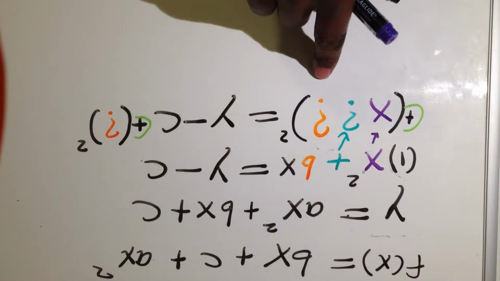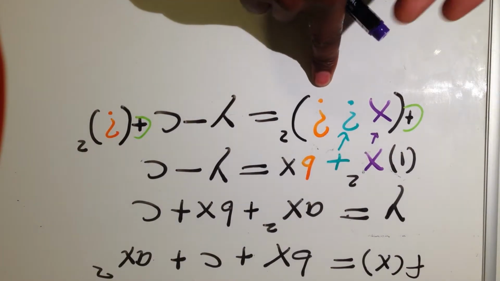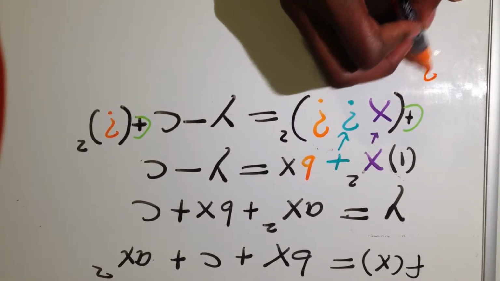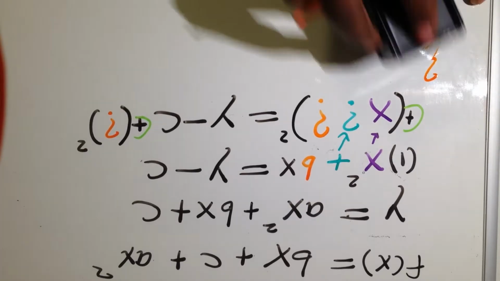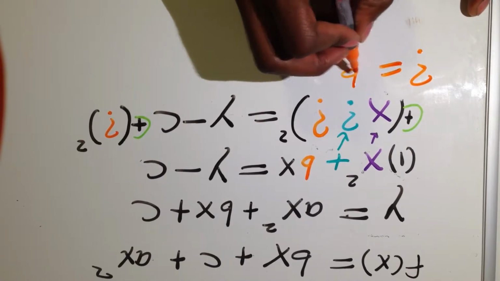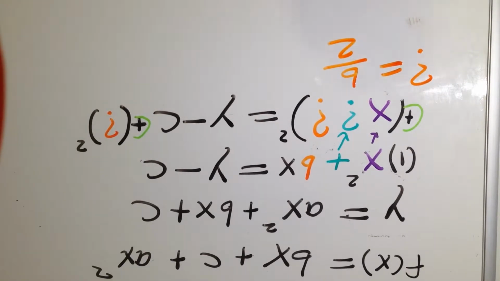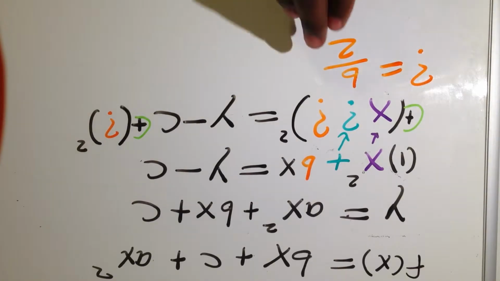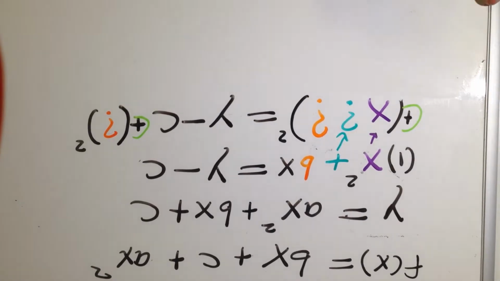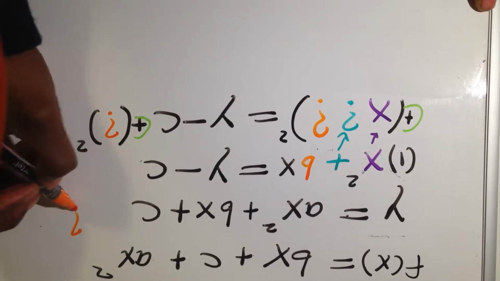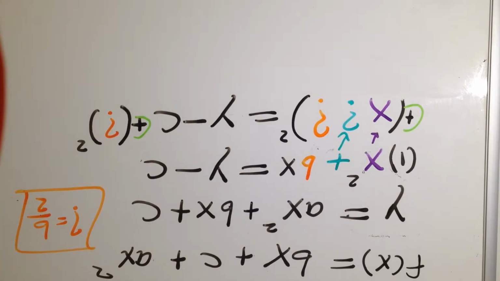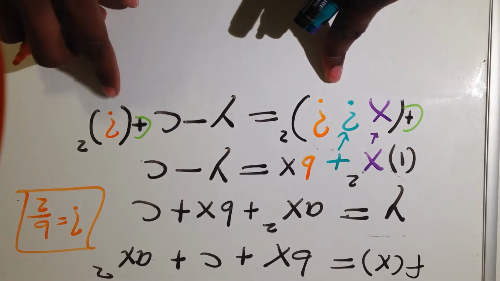Now this third question mark, the orange question mark, remember that this orange question mark equals b over 2. That's something we have to memorize. Okay, this question mark is b over 2. All right, remember that. Let's put it over here: our orange question mark equals b over 2. Good. And what we do to one side is what we do to the other side.